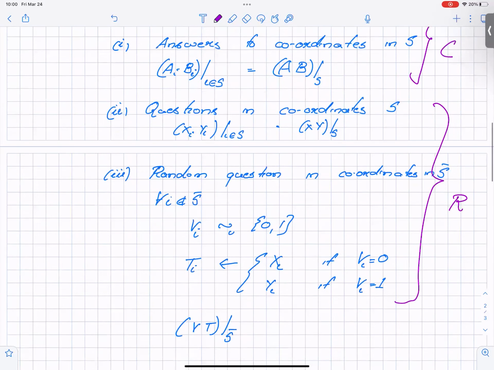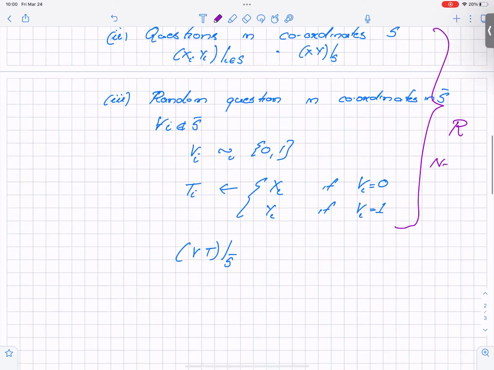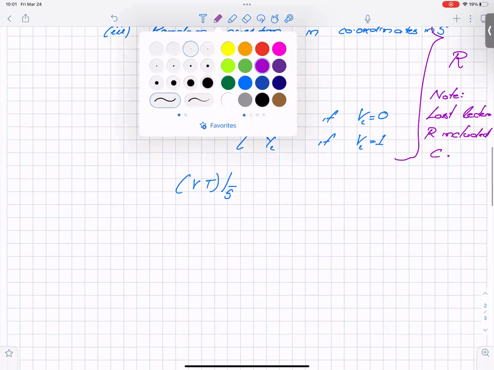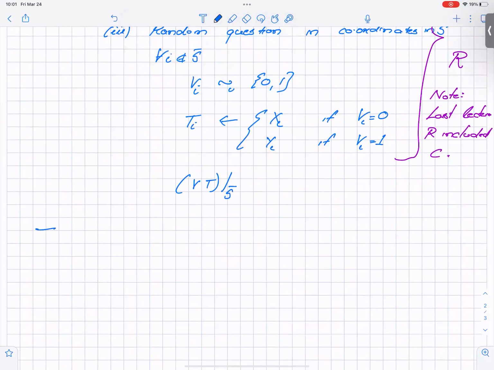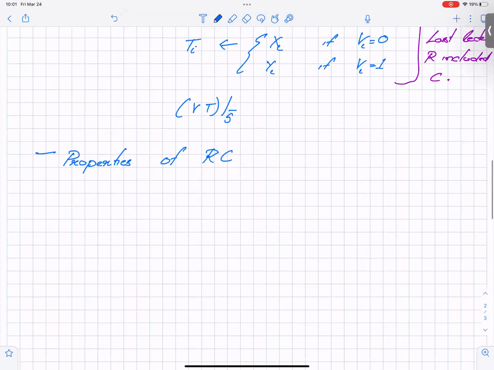So just a note, last lecture R included both. And what were the properties of this joint random variable RC?